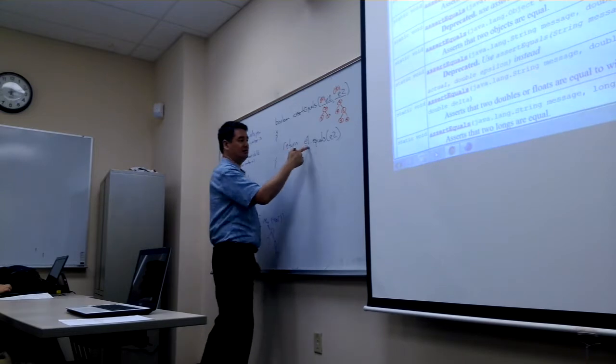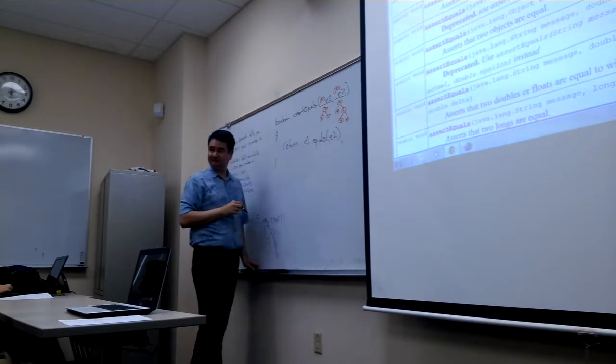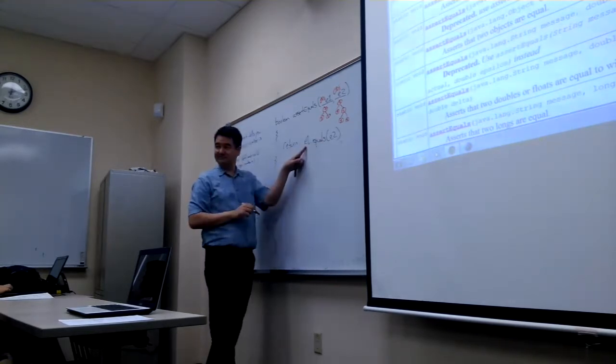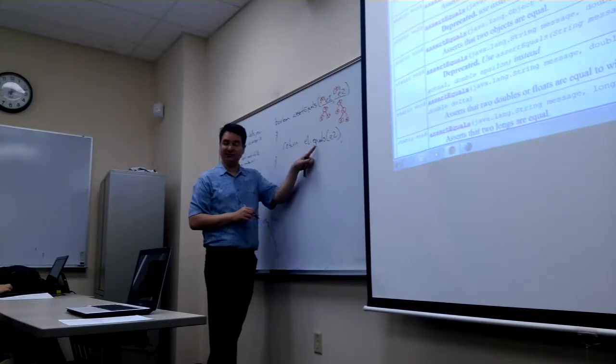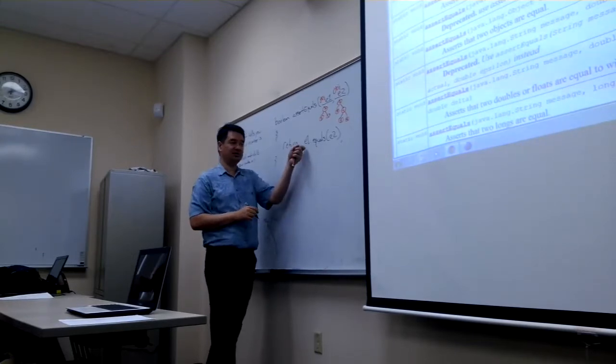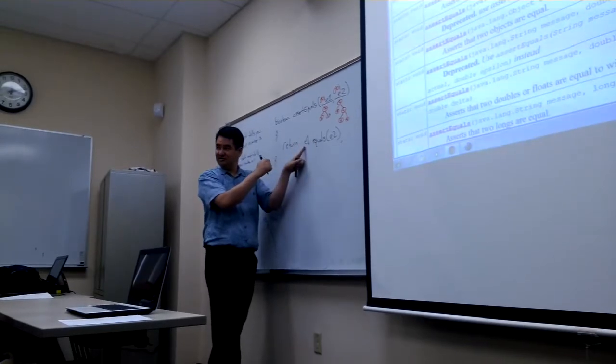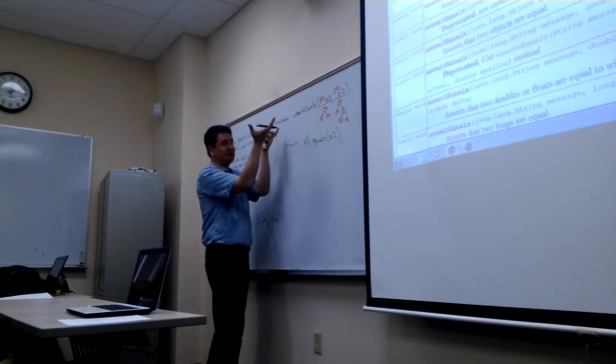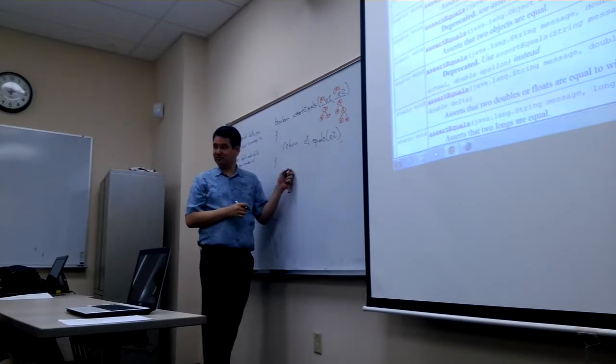This is in fact a better way to compare two objects. You're asking E1, are you equal to E2? It turns out the default behavior for dot equals, and all objects know how to do this comparison. So dot equals is a method of object, so every class you declare has a method called dot equals.